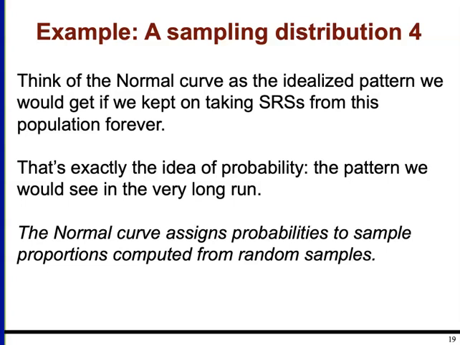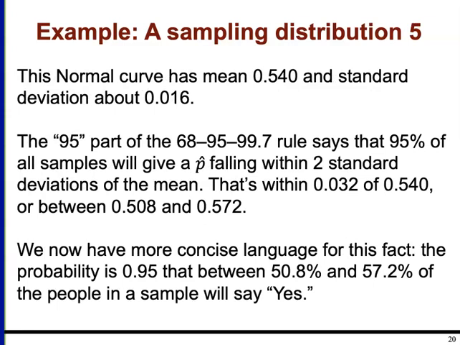So our normal curve is what we're going to be using to assign probabilities to these sample proportions computed from random samples. So let's connect a little bit here. We are going to assume that we're looking at this normal curve from these samples with a mean of 0.54 and a standard deviation of 0.016. So remember back in chapter 13, where we had that 68, 95, 99.7 rule. Well, that told us that 95% of all of our data was going to fall within 2 standard deviations of the mean.